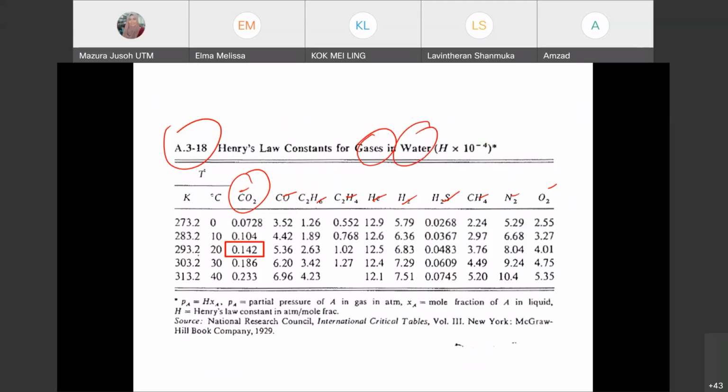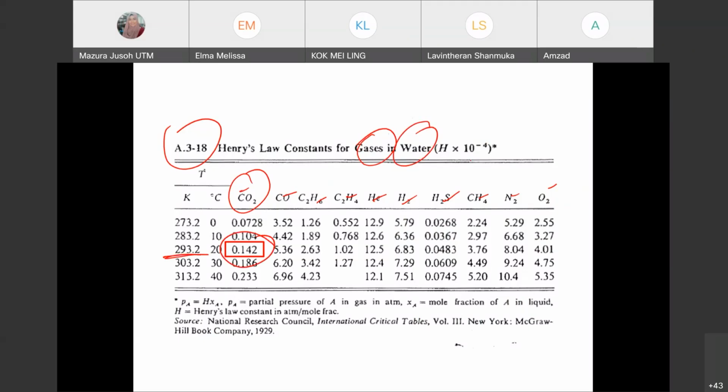So what you have as the temperature, you will take that. It all depends on the temperature. If you have a lower or higher temperature, you will have a different constant. In this case, the constant is 0.142.